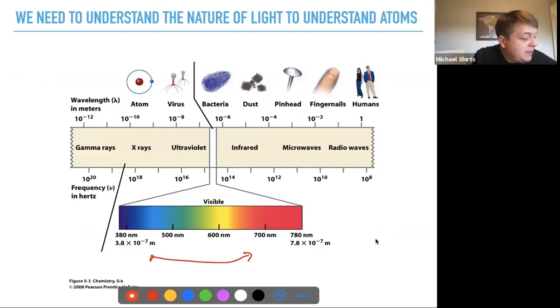Radio waves can be on the scale of meters or even longer. Infrared is somewhat longer than what we see in visible. If you get a little bit longer than red wavelengths, you get infrared. On the other hand, ultraviolet light has shorter wavelengths than what we can see. X-rays and gamma rays, which get to be very energetic, have much shorter wavelengths.